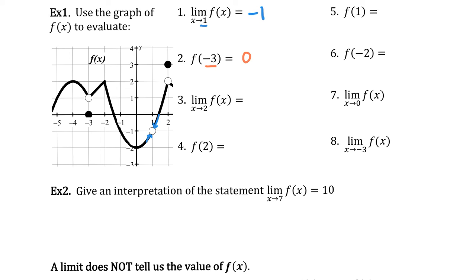Now let's look as x approaches 2. 2 is way up here. If I come from the left side of the graph, it's going to here. If I come in the right direction, it looks here. Both ways, it looks like the y value is approaching 2. Now what is f of 2 actually? At x equals 2, the point plotted there is way up here. So f of 2 is 3 because the point 2 comma 3 is plotted on the graph.